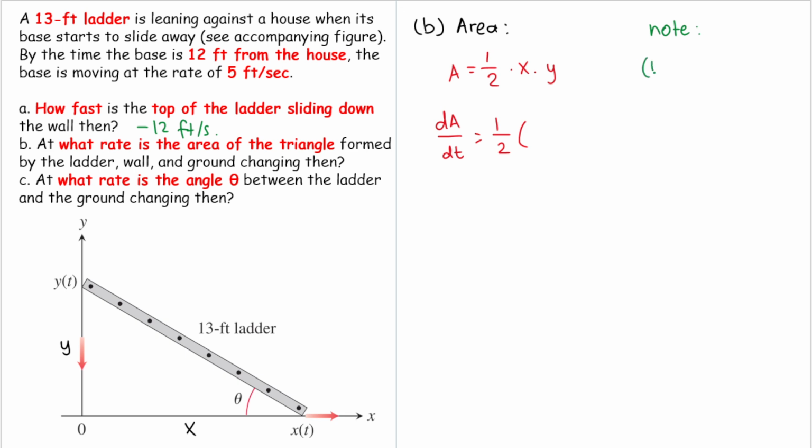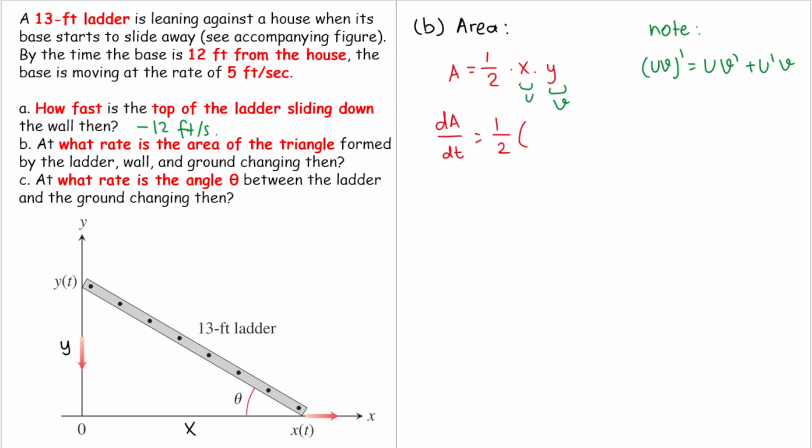We know that the derivative of uv is equal to u v prime plus u prime v. Let's use this x as our u and this y as our v.